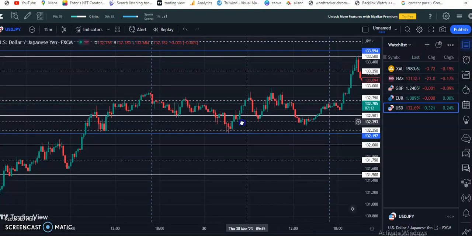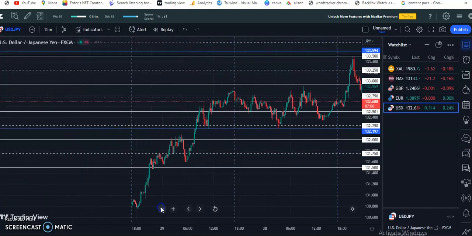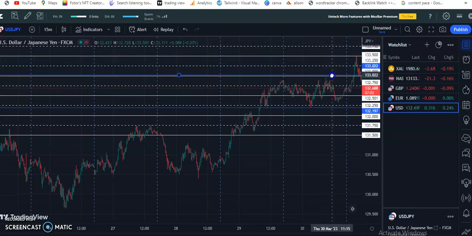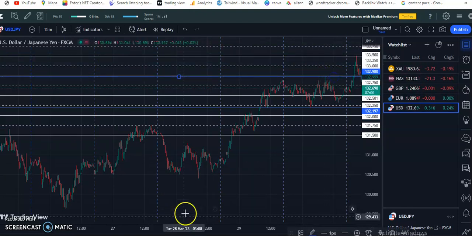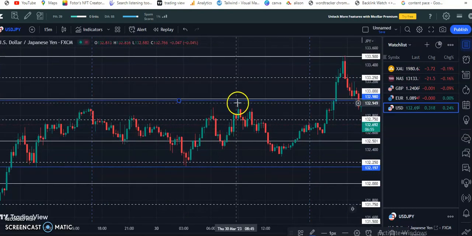So this blue line is our previous day's high. Now keep in mind, the previous day is Monday, okay?